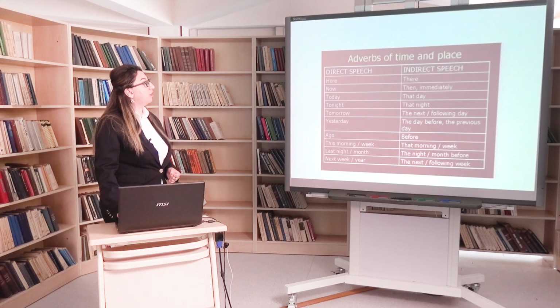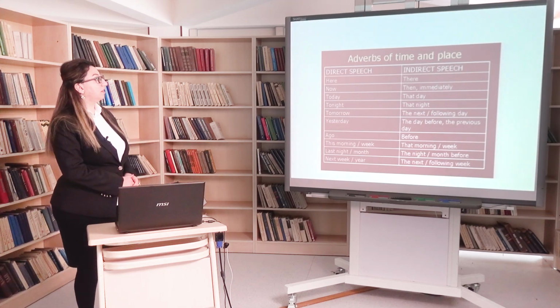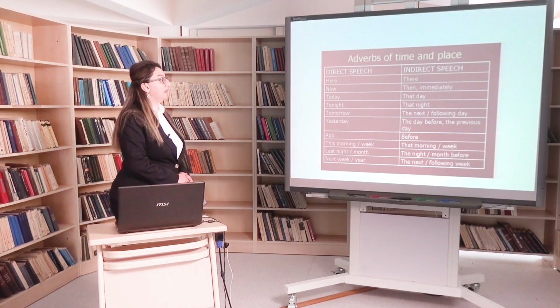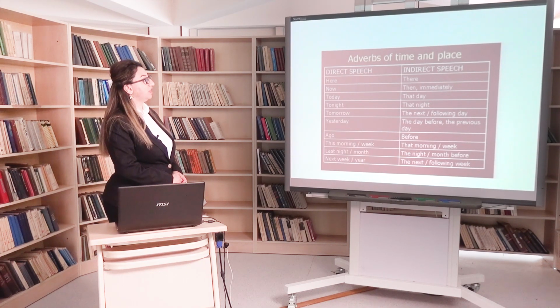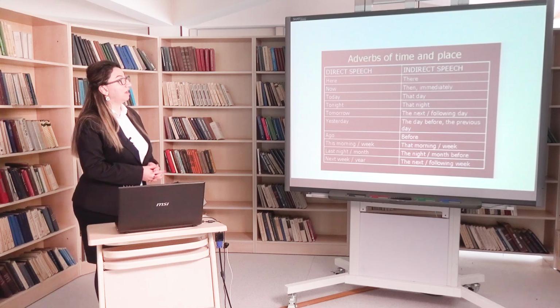In this table, we can see the adverbs of time and place and how they will change in indirect speech.